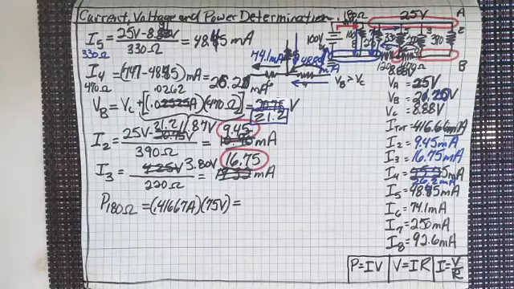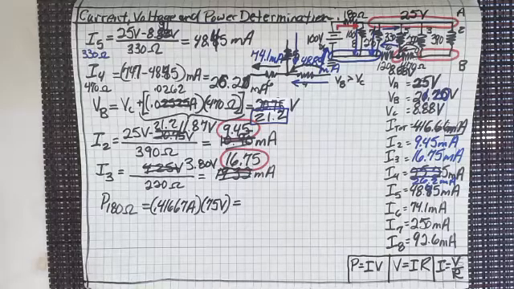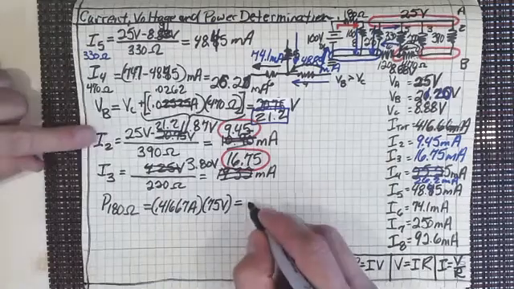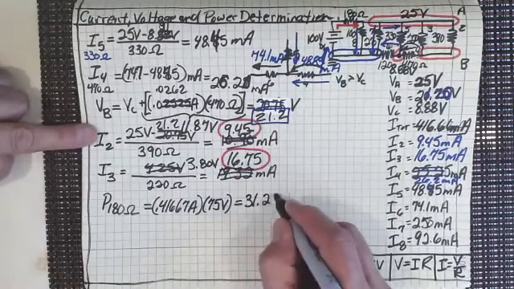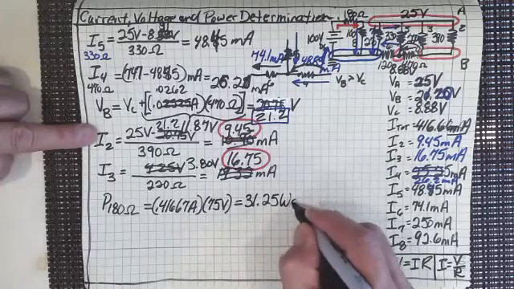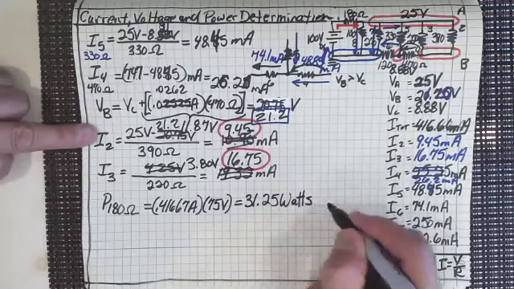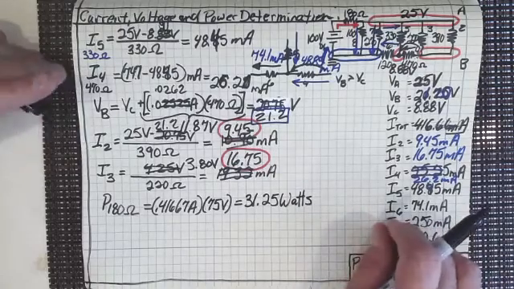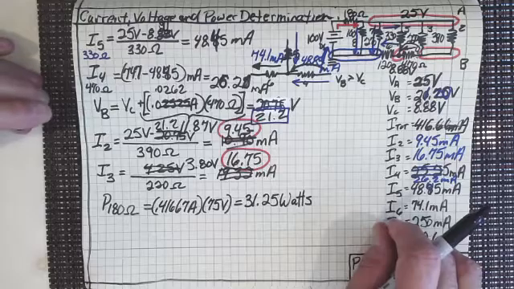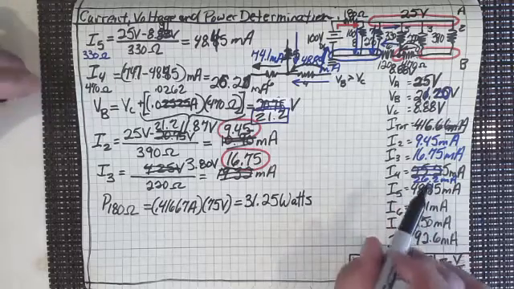So 0.416667 amps times 75 volts is 31.25 watts. I don't think our 1/4 watt resistor is going to work there, right?